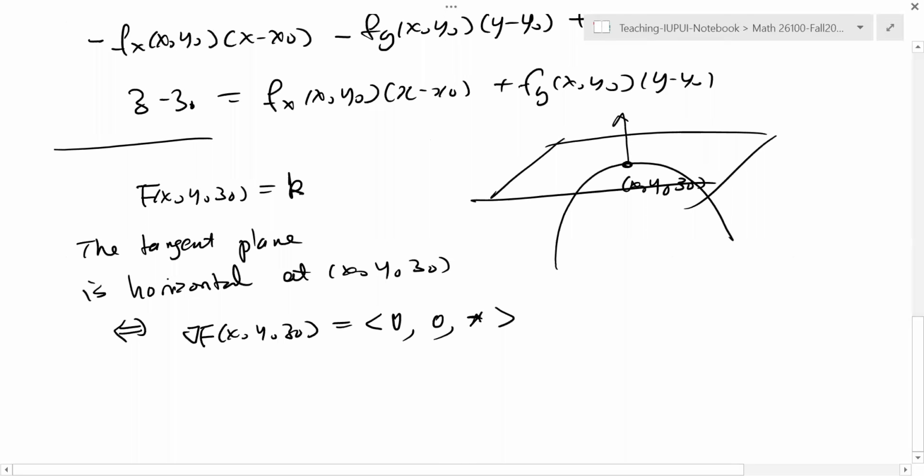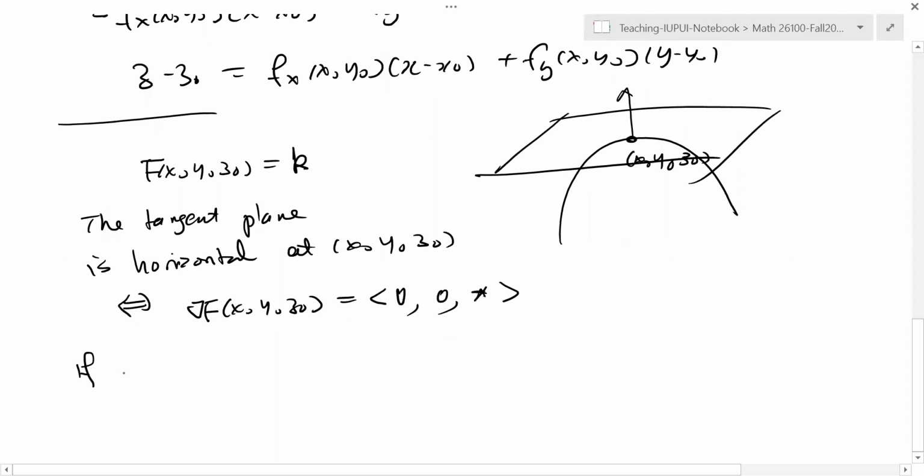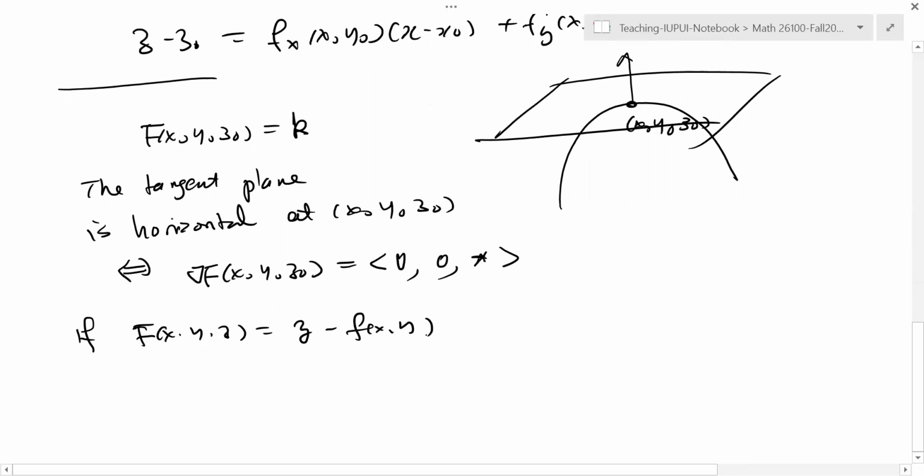Now, if capital F(x, y, z) is going to be z minus f(x, y), that means the level surface is going to be the graph of this function.